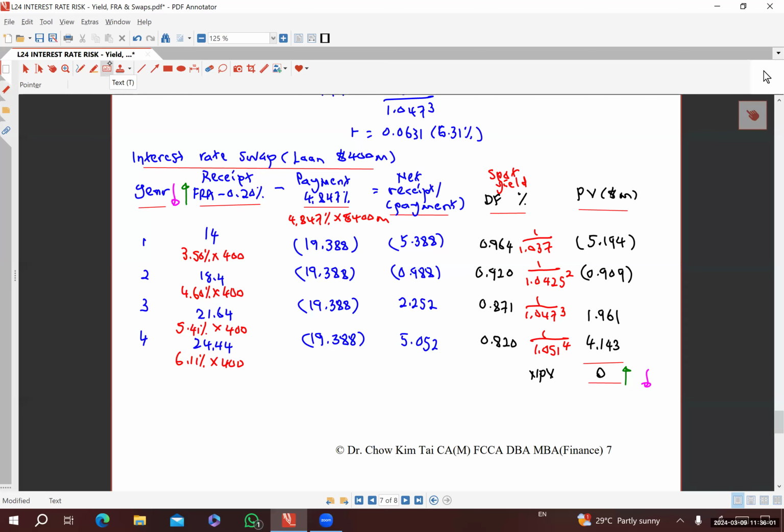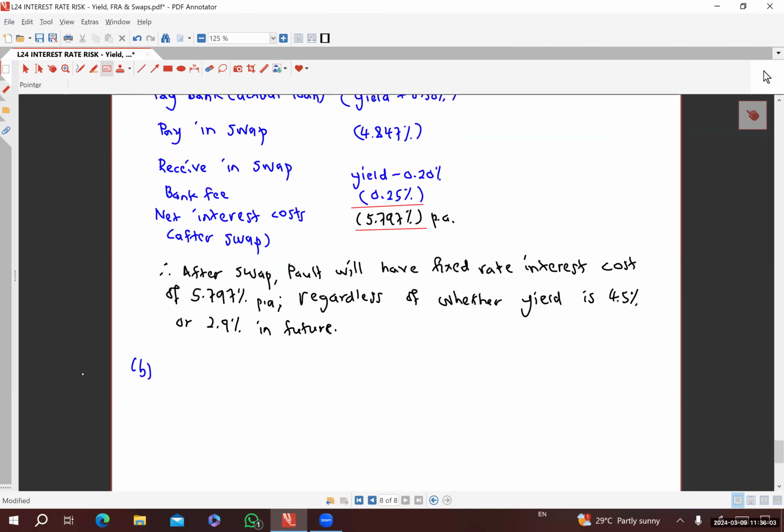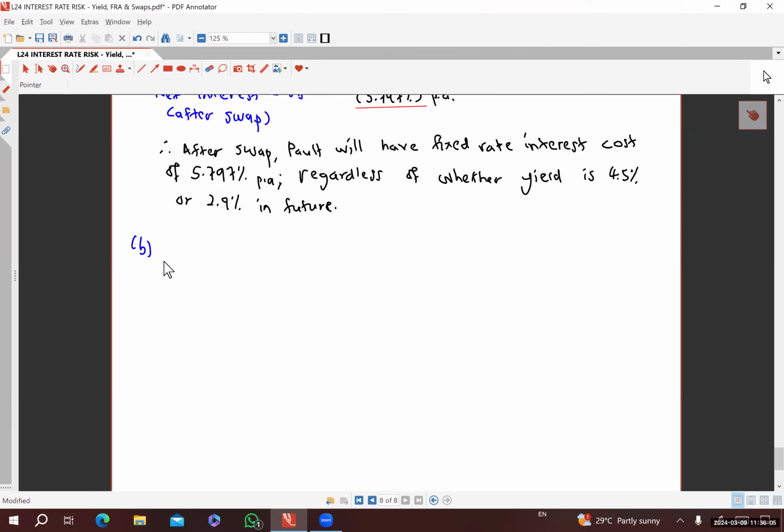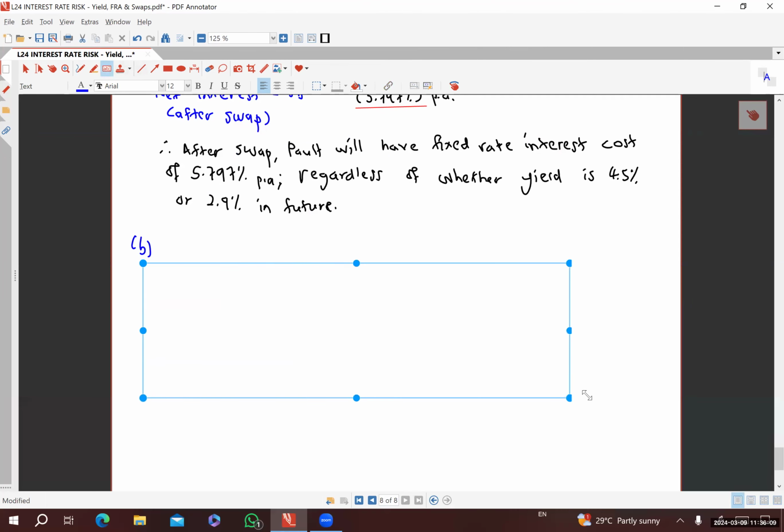Now, we put it here, part B. The current swap arrangement is fair to both parties.